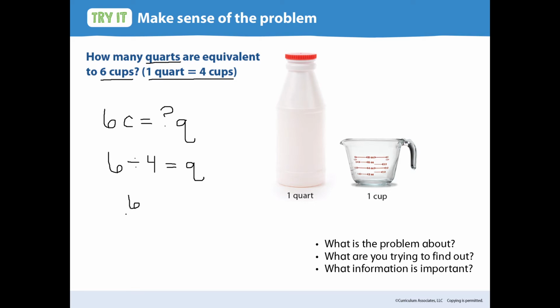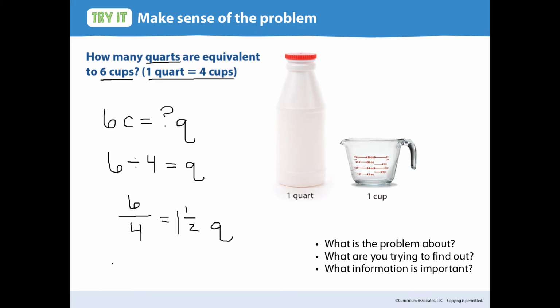I can write 6 divided by 4 like this and get 6/4. And I know that 4/4 equals 1. And then I have 2/4 left over, and 2/4 I know is the same as 1/2. So 6 cups is equal to 1 and 1/2 quarts.